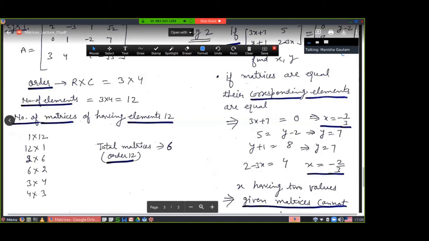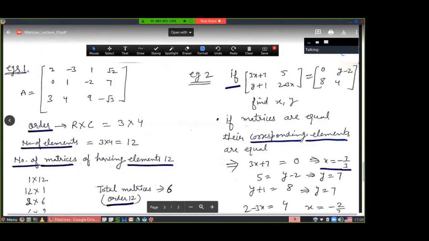In the second example, we are using the concept of equal matrices which we have studied above. If two matrices are equal, their corresponding elements should be equal. Here is the concept of how to calculate the values of x and y when the two matrices are equal.